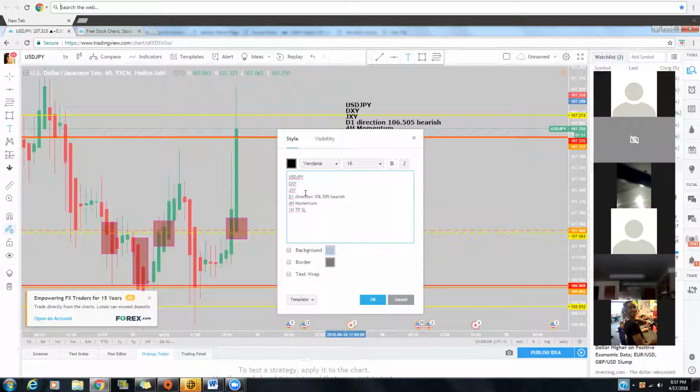And it was 107.131, and it was bullish. And then our M15 was for our entry, and it's 107.063, and it was bullish. All right. And then we need our take profit, and then we also need our actual stop loss.